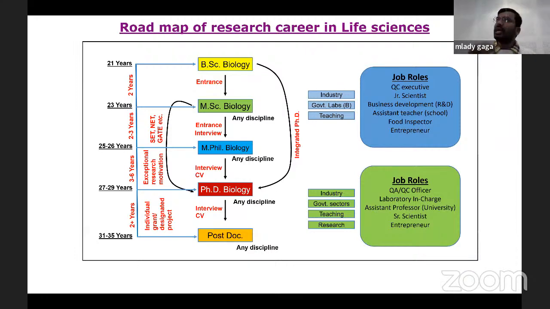I wrote a grant to funding agencies and they sanctioned me the grant. They said, okay, we will give you this much money, so you can do it. In this grant, they tell me I can take a student either for PhD or postdoc, and this student will work with me for 4 years, and this person will get a salary and can work. So this is called a designated project.